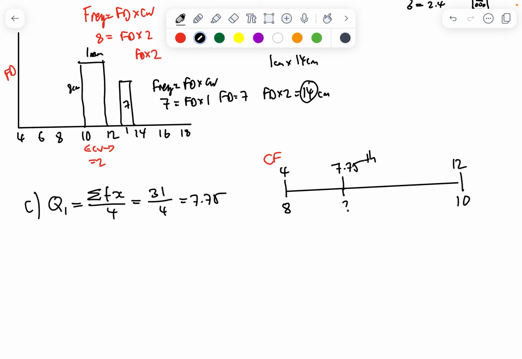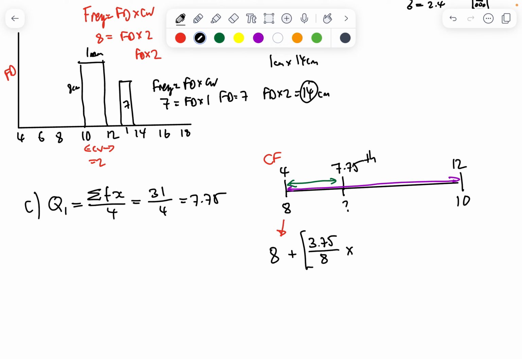So what I do, I take my starting point, which is 8, because I know that it's more than 8. And now I'm trying to work out how far along it is within my interval. So between 4 and 7.75, sorry, that's 3.75. And that's out of the whole interval, which is 8. So that's the fraction that I've travelled along my interval, 3.75 out of 8.